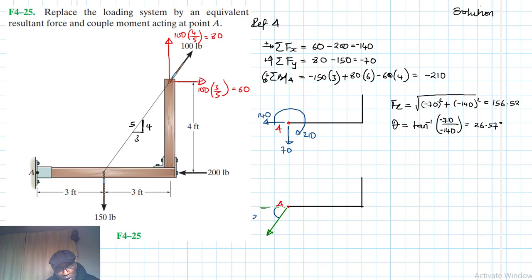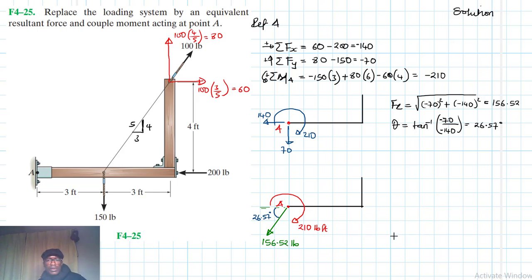So this one is 26.57 degrees, and this value here we said is 156.52 pounds, and then we have a moment which still maintains, and this moment is clockwise, and its magnitude is 210, which is a couple moment, of course, acting at point A, 210 pounds feet.